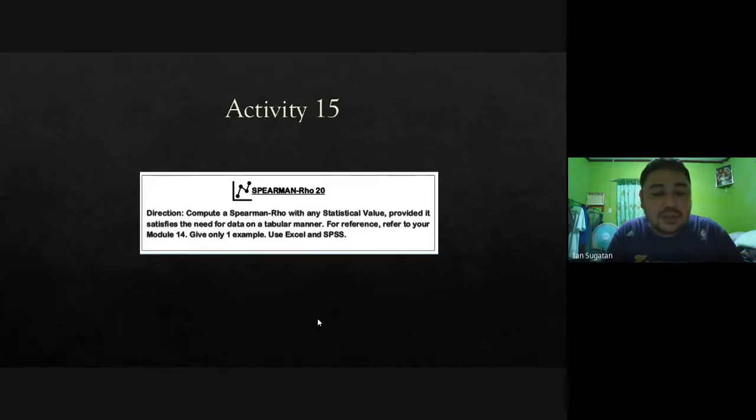What you're going to do for directions is to compute a Spearman rho with any statistical value provided it satisfies the need for data in a tabular manner. So for reference, you're going to refer to your Module 15. And then you're going to give only one example, and then we're going to use Excel and SPSS.